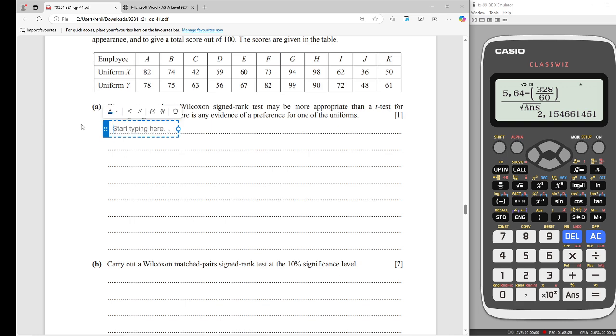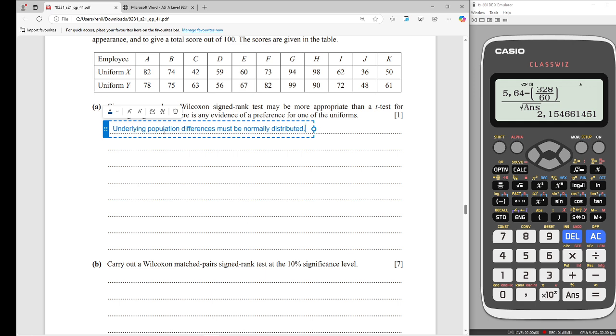So we need to know that the underlying population differences must be normally distributed. Okay, so we don't know whether this is true.